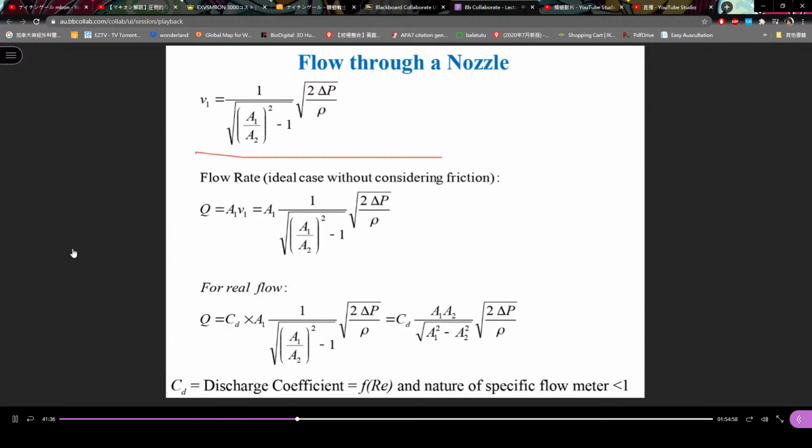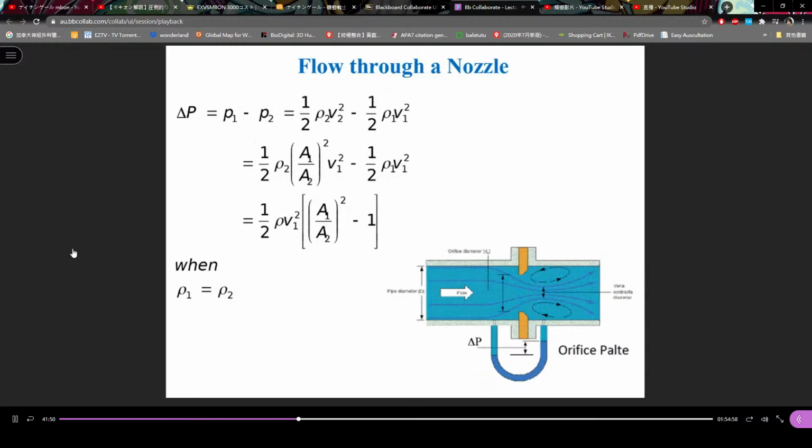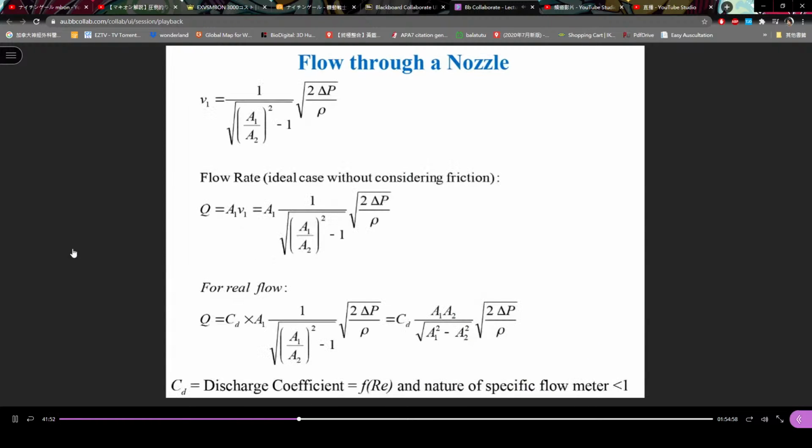V1, the velocity at point 1, is equal to 2 times the pressure difference, delta P. This is from this equation. Take rho, if you remember, this is rho, and divide by this combination of cross-section areas.